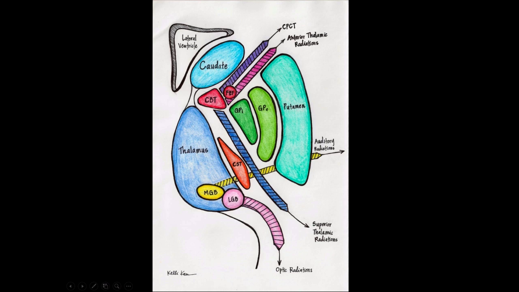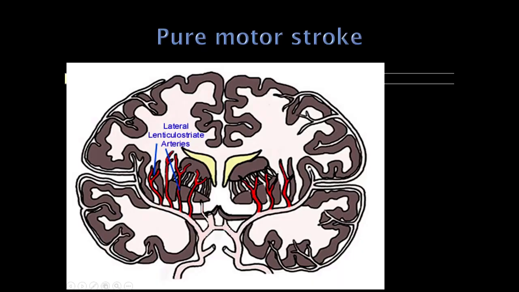And here are the anterior thalamic radiations. This is the pathway involved in the Papez circuit, going from the anterior nucleus of the thalamus up to the cingulate gyrus. So really six pathways that you need to know about are traveling in the internal capsule: three in the anterior limb, only one at the genu, and two in the posterior limb.